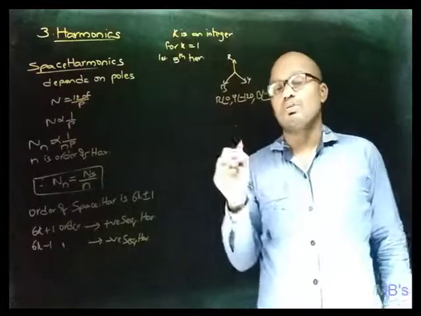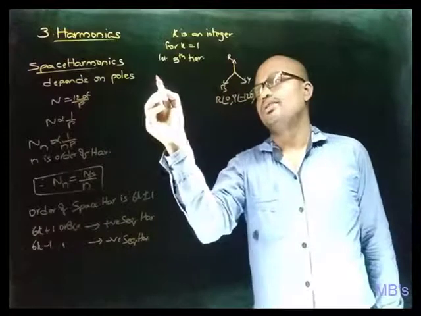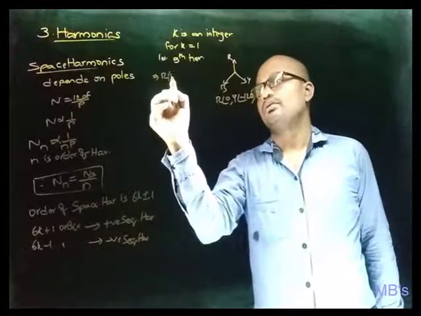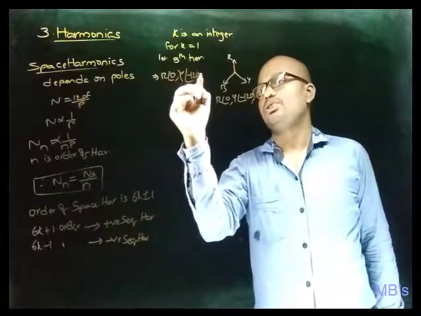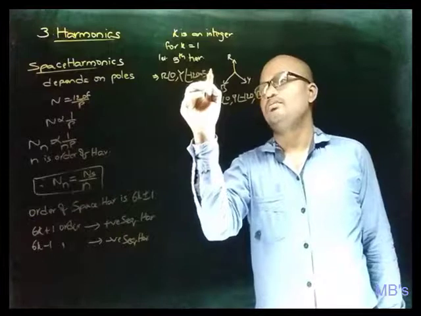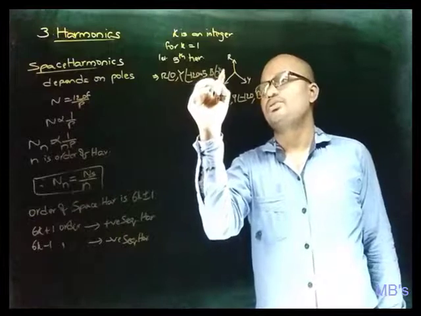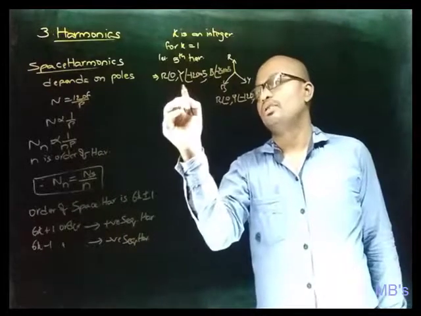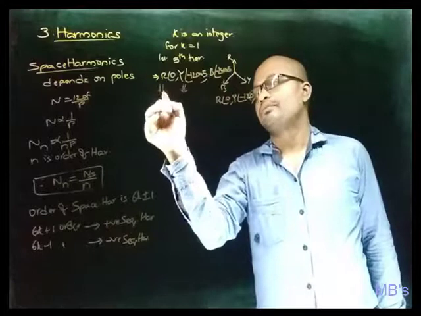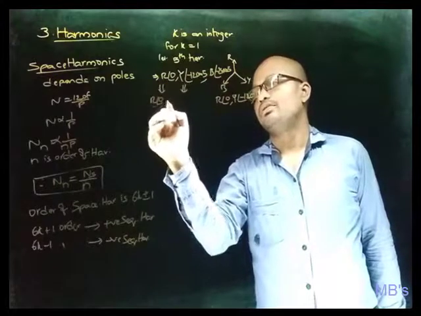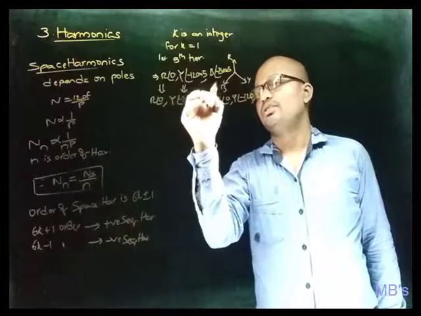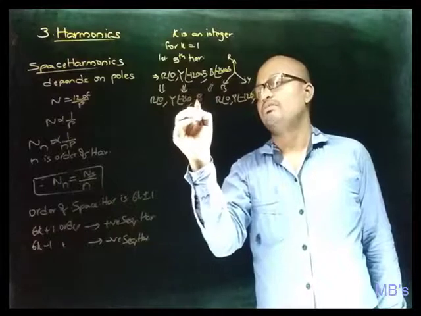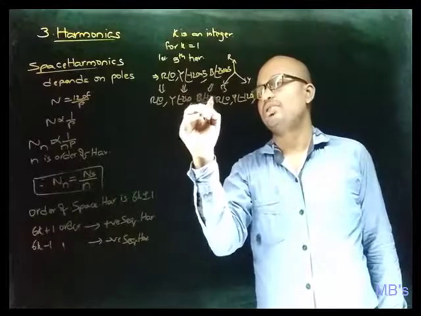So with the fifth harmonic, the phases will be Y minus 120 into 5 and B minus 240 into 5, which implies R at an angle 0 and Y at an angle minus 240, and B will become B at an angle minus 120.